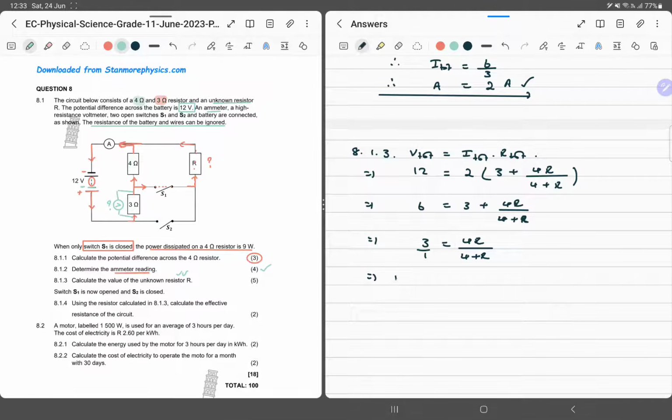Doing the gymnastics, we get 12 plus 3R equals 4R. So we rearrange and sort it out. When we transpose this to that side, it becomes minus, so R is equal to 12 ohms.